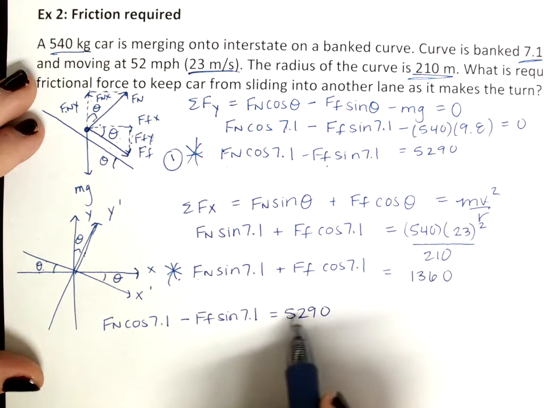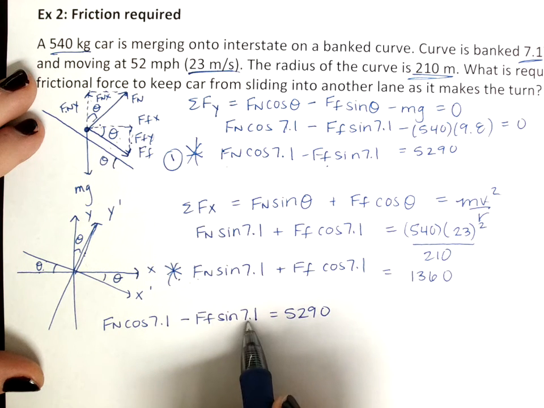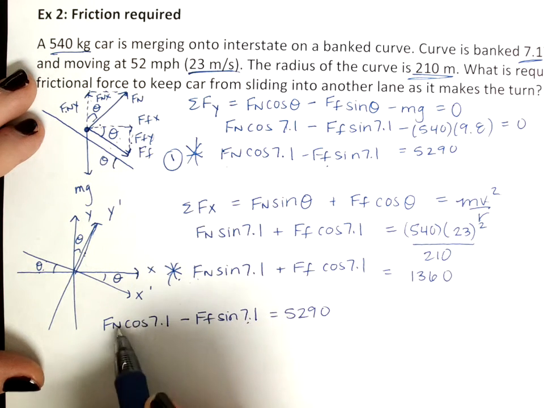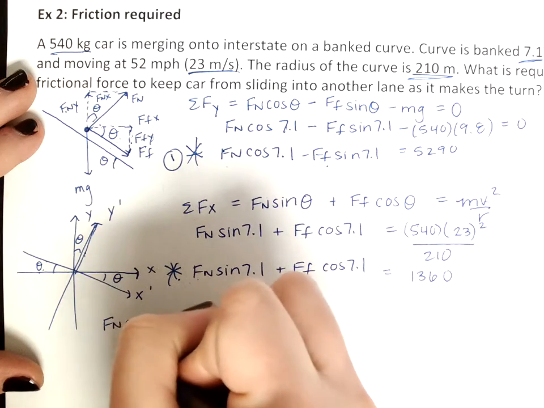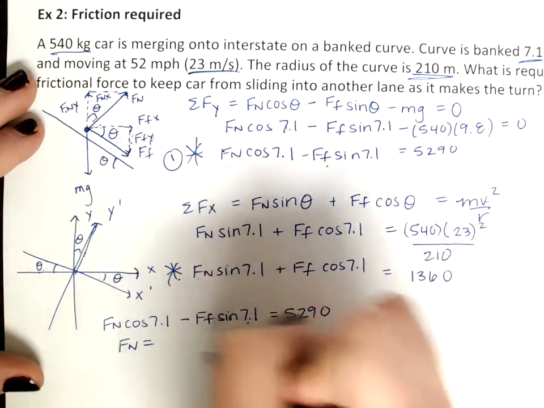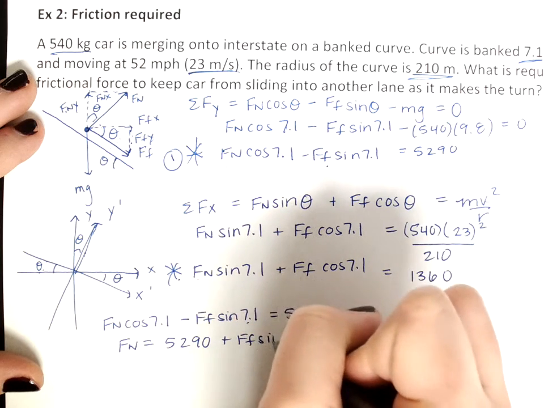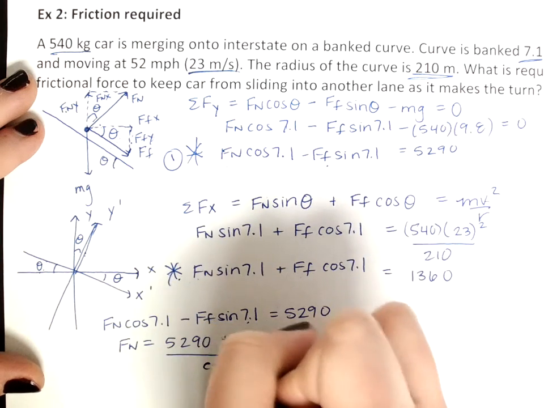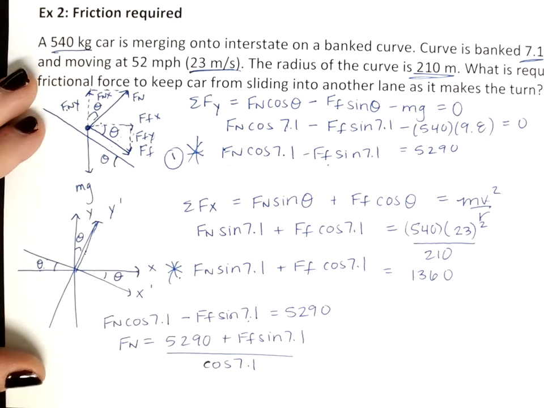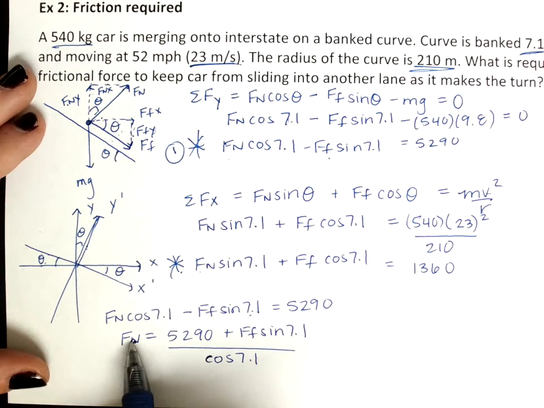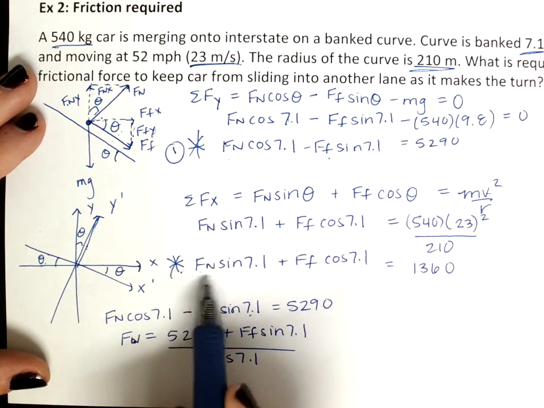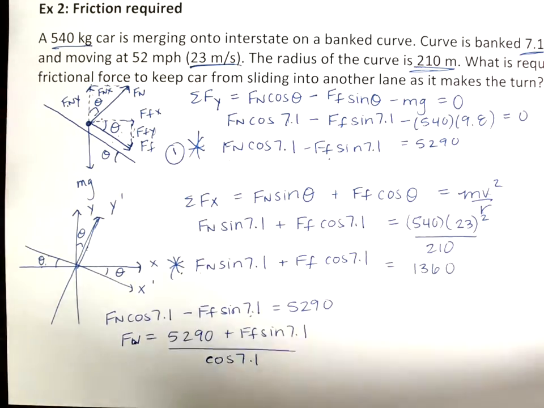I'm going to add 5,290 plus force of friction sine 7.1 and divide it by cosine 7.1. I'm going to do this all in one step. You should be okay. Okay, so that's what the normal force is. So now that we know the normal force, we can plug it in right here for a normal force. And we can solve for force of friction.